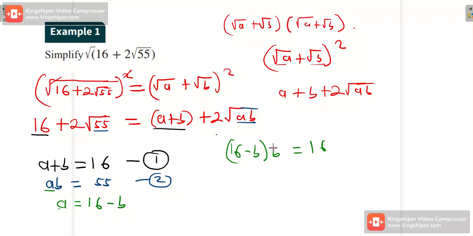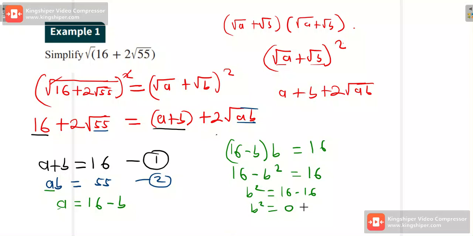We can expand. So we have 16b minus b squared should be equal to 16. And we can simplify. So to simplify, we have b squared should be equal to 16 minus 16, and b squared is equal to 0.